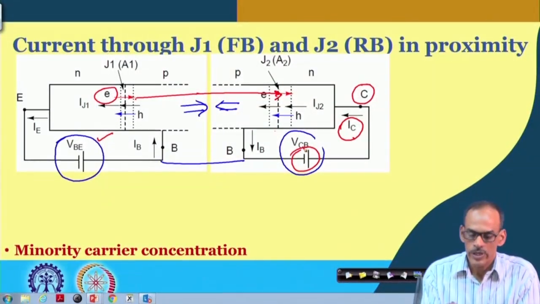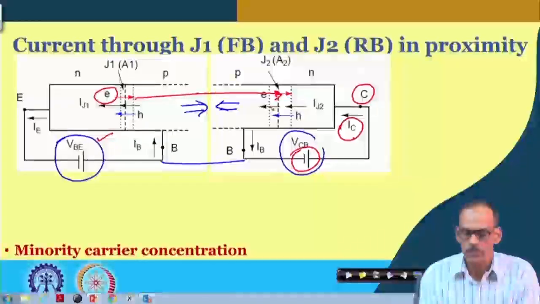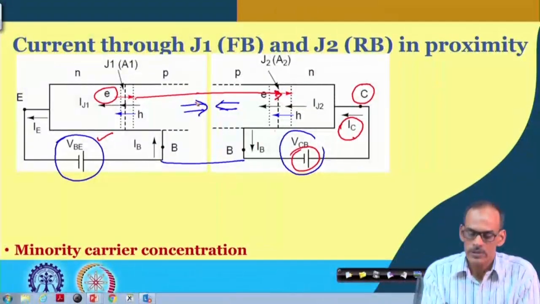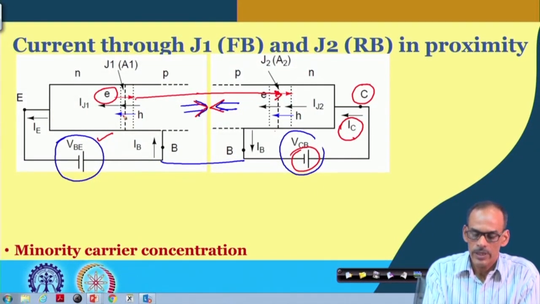Okay. So, if these two junctions remain isolated, we cannot get BJT operation. It will rather work as two back to back diodes, and this will get converted only when these two junctions move close to each other in the near vicinity.